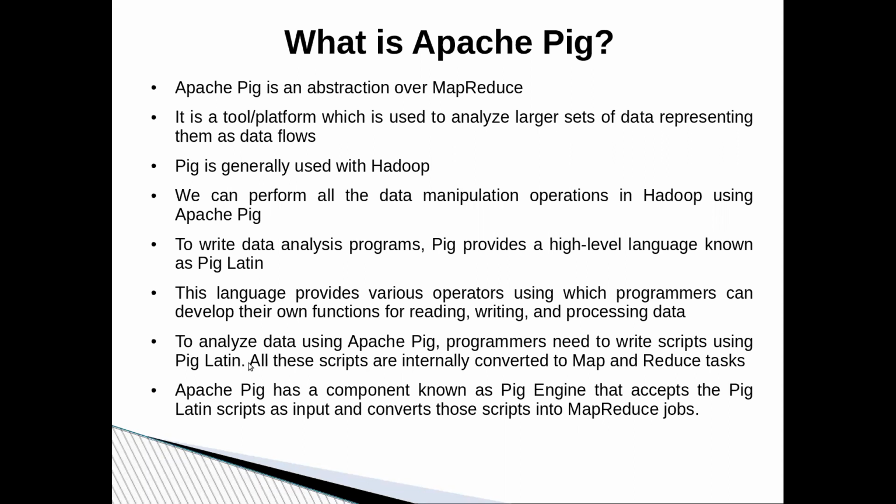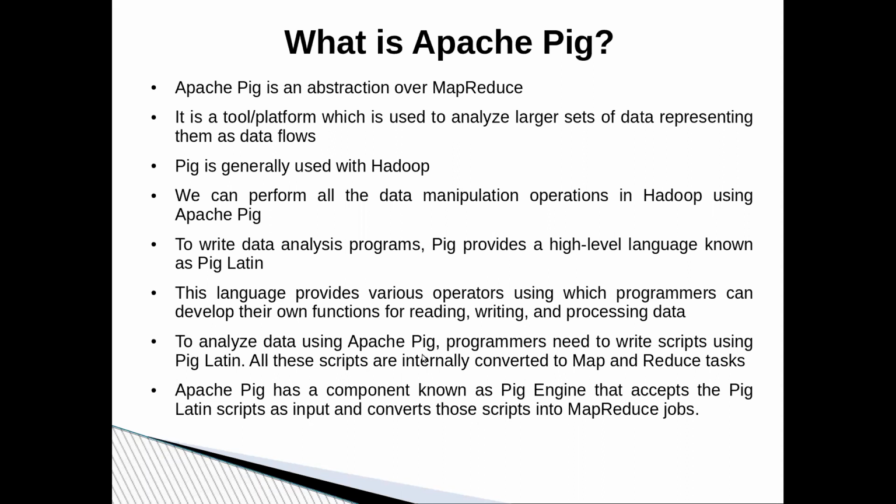When you run these scripts, internally they are converted to map and reduce tasks. We will learn soon what is map and what is reduce. And PIG has a component known as the PIG engine that accepts the PIG Latin scripts as input and converts those scripts into MapReduce jobs.